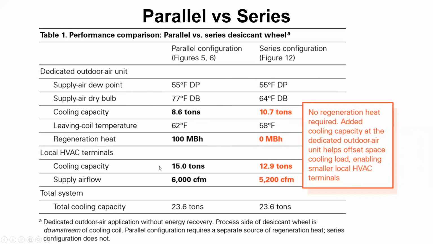And on the cooling capacity, it's a little bit less than the parallel configuration. And overall, the total cooling capacity is the same when we compare those together. So no regeneration heat required for the series, added cooling capacity at the dedicated outdoor air unit helps offset the space cooling load, enabling smaller local HVAC terminals.